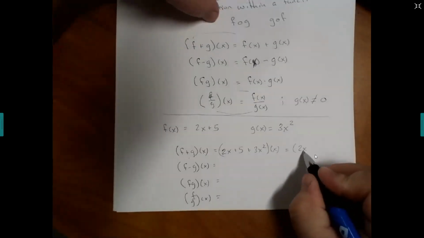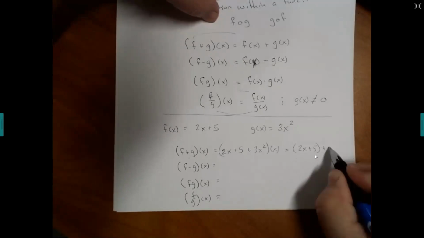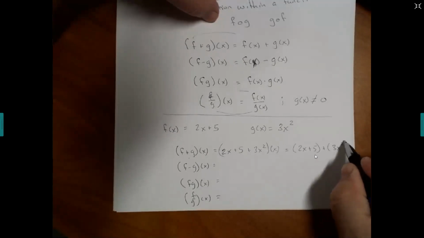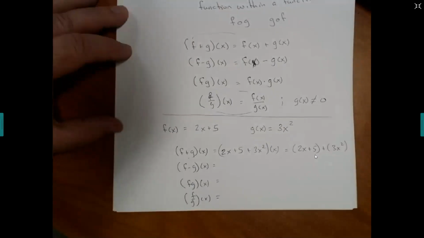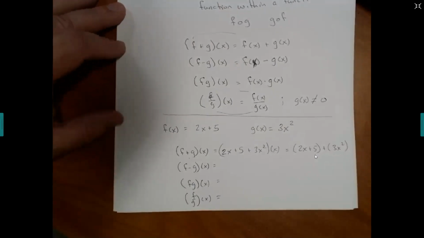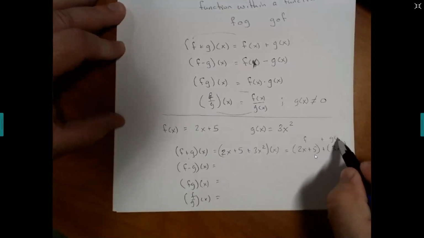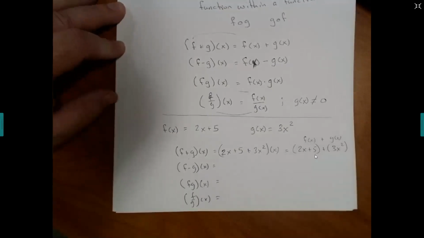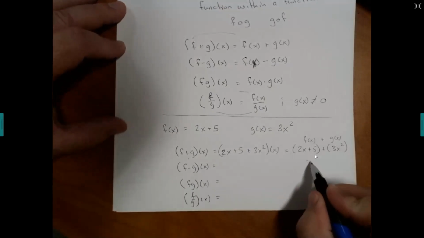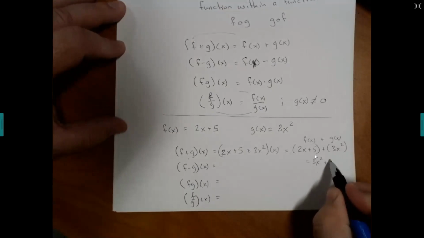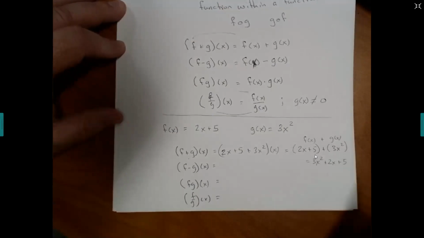Or we could look at them separately, which is where we got the f plus g of x. And this one equals 3x squared plus 2x plus 5.